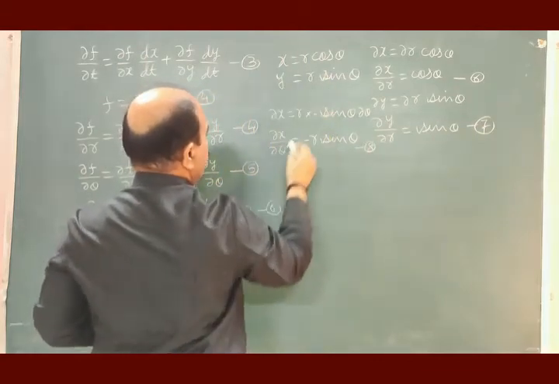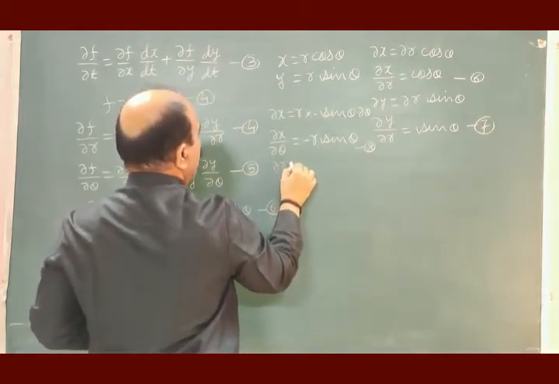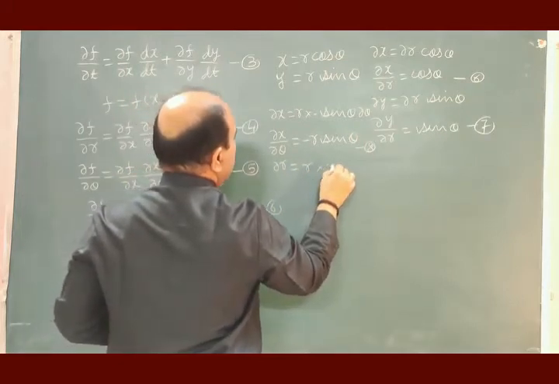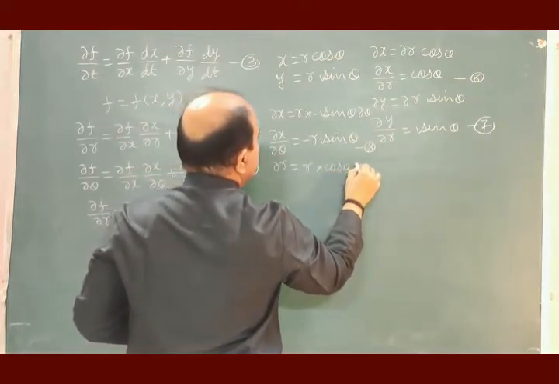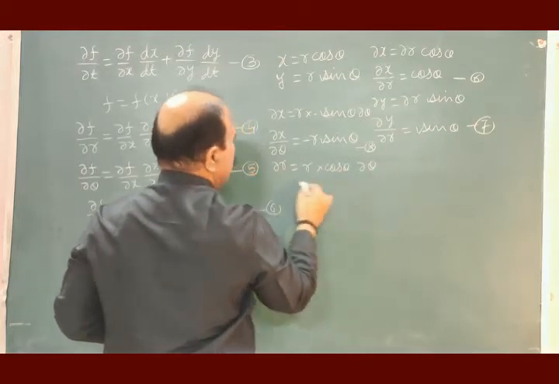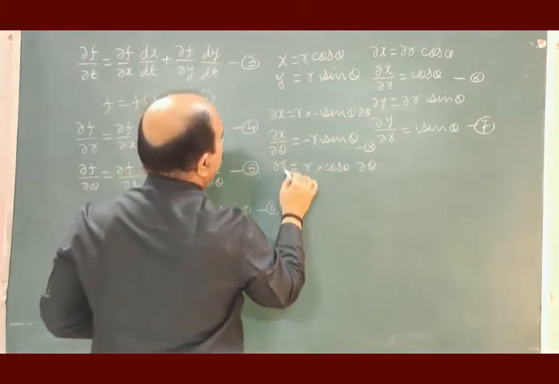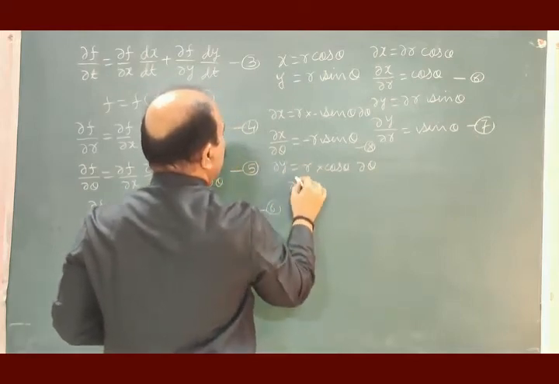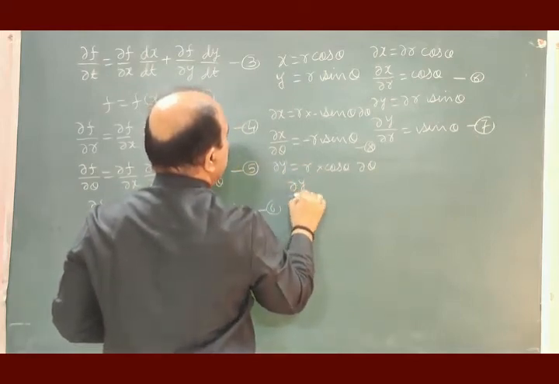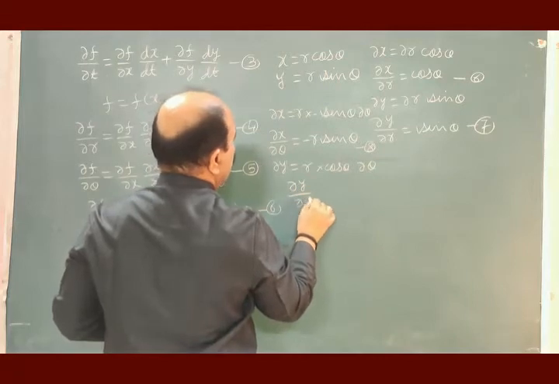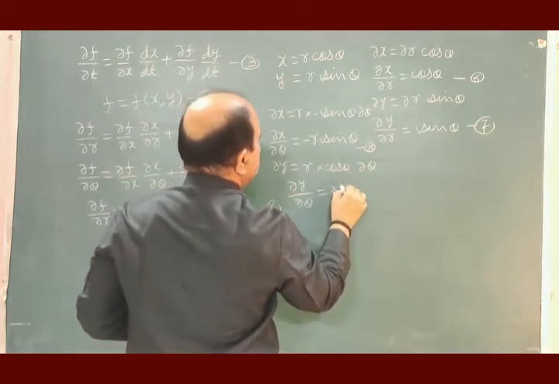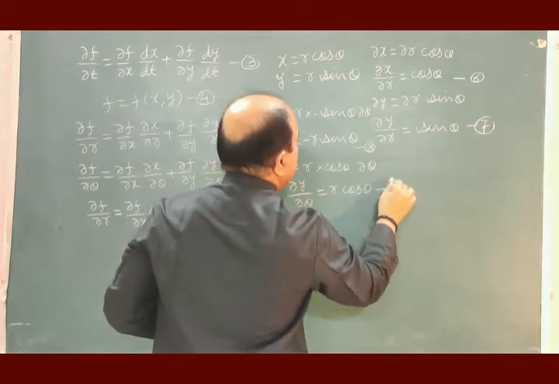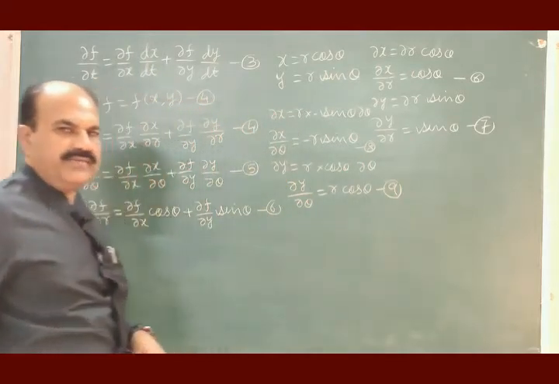Similarly, from this equation, dou y is equal to r into cos theta into dou theta, or dou y by dou theta is equal to r cos theta, equation number 9.